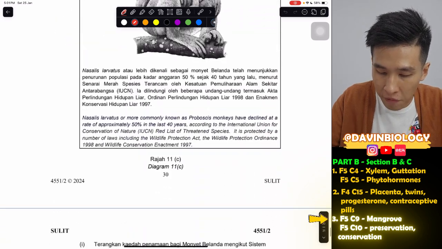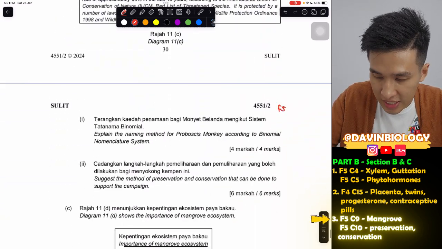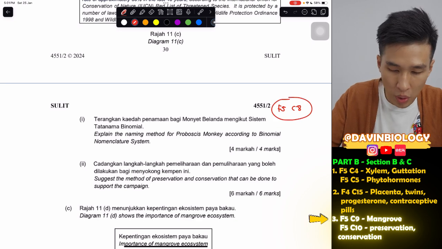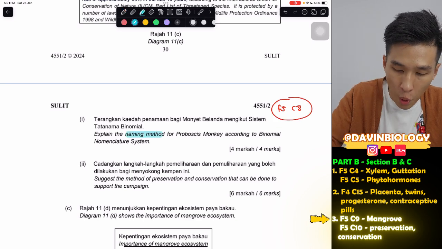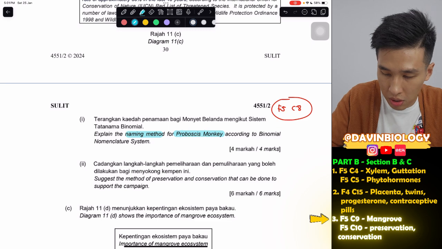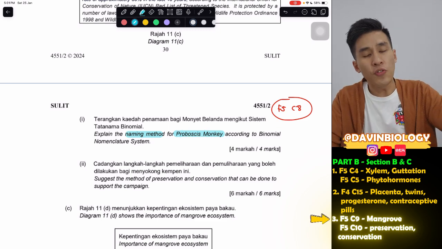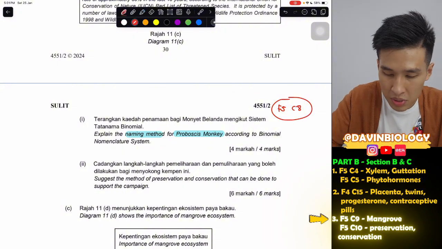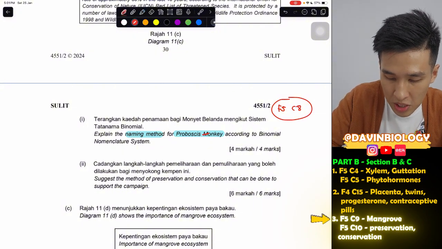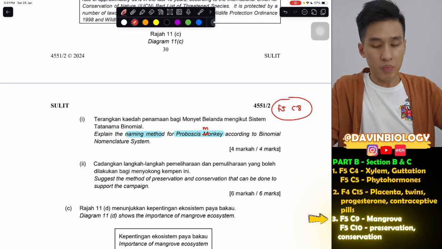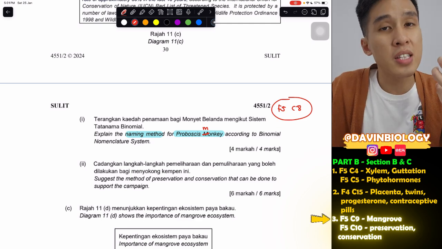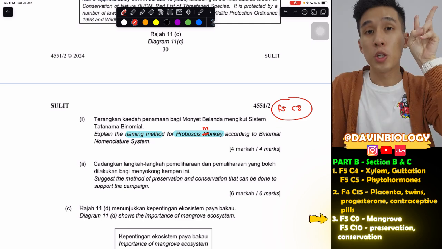Okay, this is actually the Form 5 Chapter 8 question. They're asking about the naming system. So explain the naming method for proboscis monkey according to the binomial nomenclature system. According to the naming system, the second word must be small letter. By the way, every scientific name is actually made up of two words.